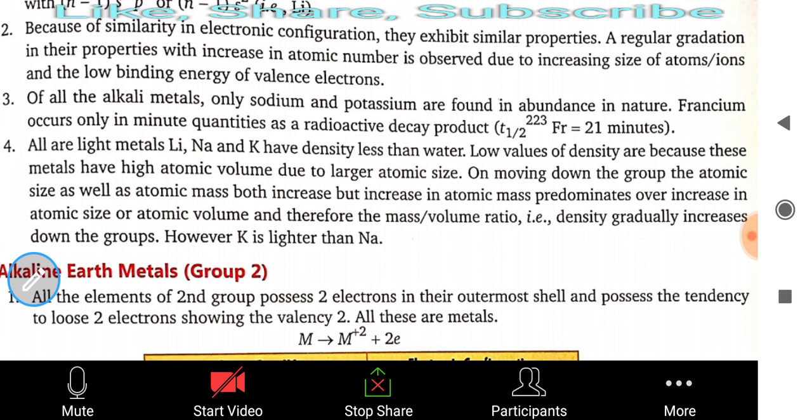However, K is lighter than Na. There are some exceptions whenever you read about chemistry. Many exceptions are there. So they said that whenever we go down in a group, density gradually increases, but one exception is there. Potassium is lighter than sodium.